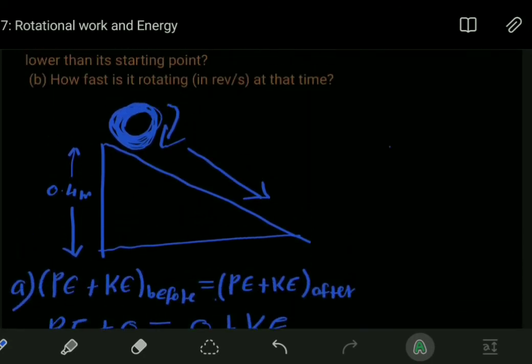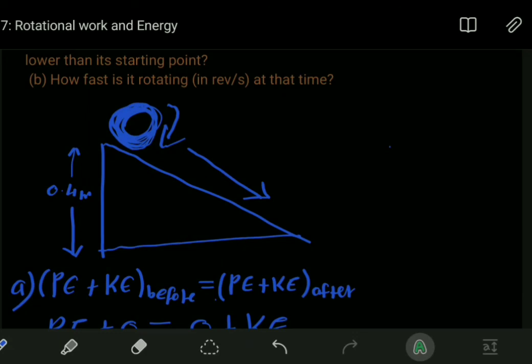So for this one, we have to consider the conservation of energy. We know that the total energy at the top must equal the total energy at the bottom. So total energy here gives us potential as well as kinetic.